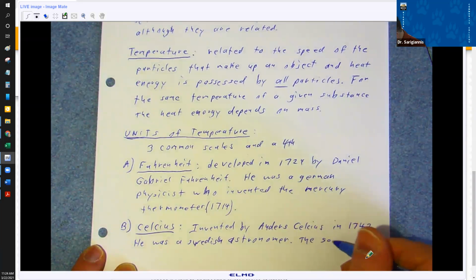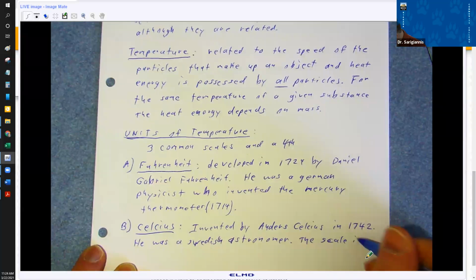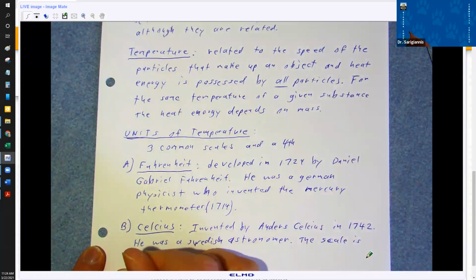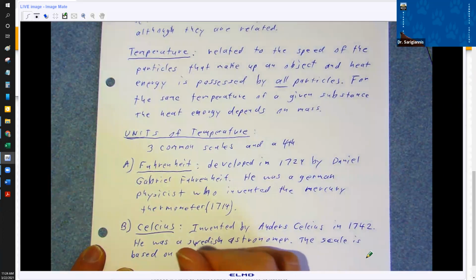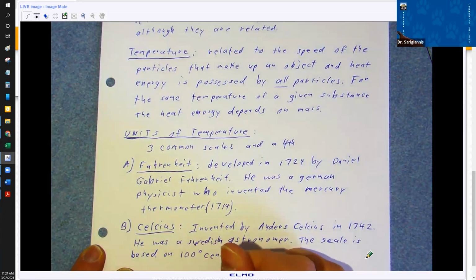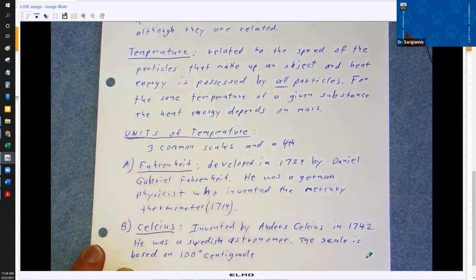The scale is based on 100 degrees centigrade. So notice, centigrade. Centi, 100 graduations is basically where that comes from.